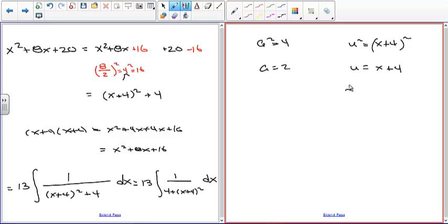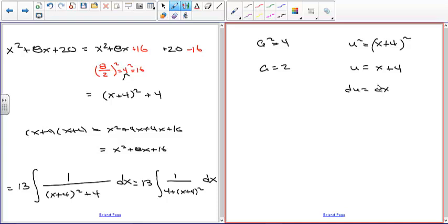And then I can take du, which is just dx. The derivative of x is 1. The derivative of 4 is 0. So I just end up with 1 when I take the derivative of x plus 4, and then I multiply 1 by dx to get dx.